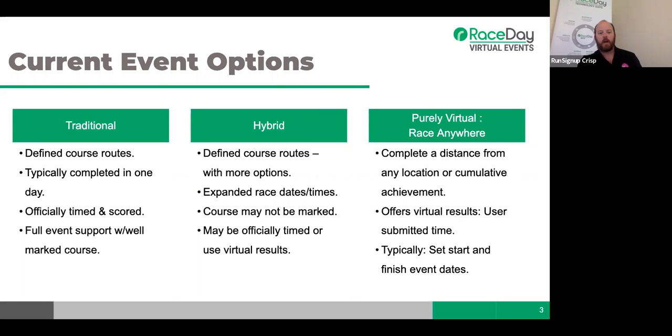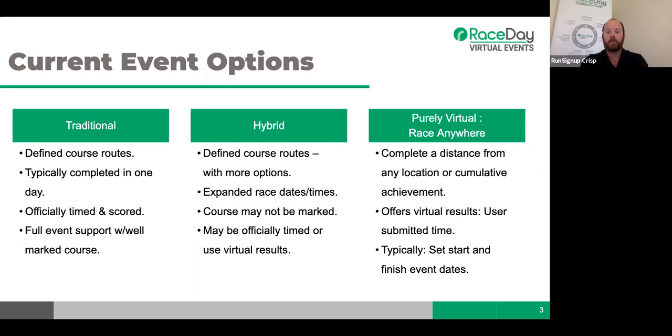Your hybrid events are defined course routes, but they have more options, like open start and finish times. The courses may or may not be marked. You may or may not have volunteers out there. It may be timed, it may not be timed. It's dependent on how the race is set up. And in my opinion, the hybrid event is where the timers have the most opportunity to succeed.